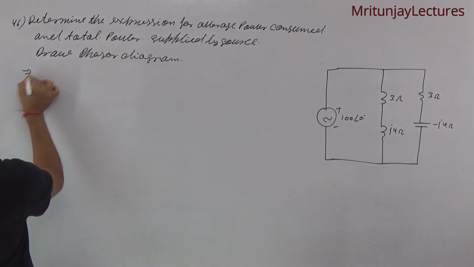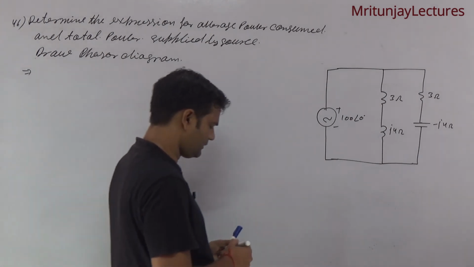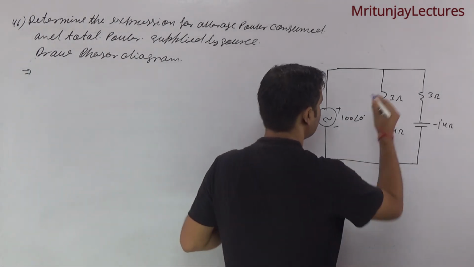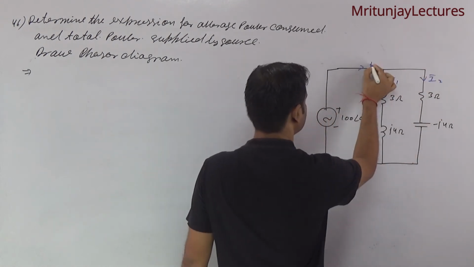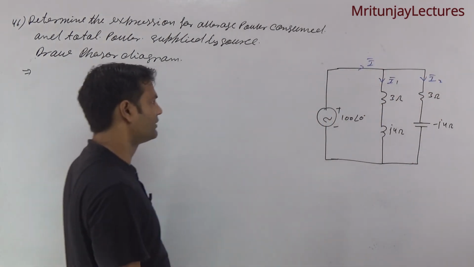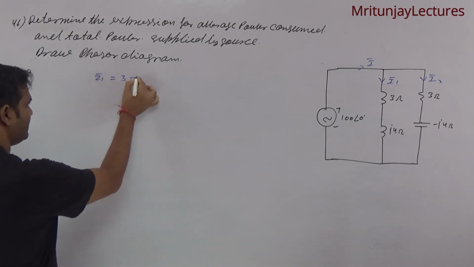Now question number 46: determine the expression for the average power consumed and the total power supplied by the source. Draw the phasor diagram also. So first of all, if you draw the phasor diagram, that is I1 and I2 and that is I. Okay, what about Z1? Z1 is 3 plus j4.